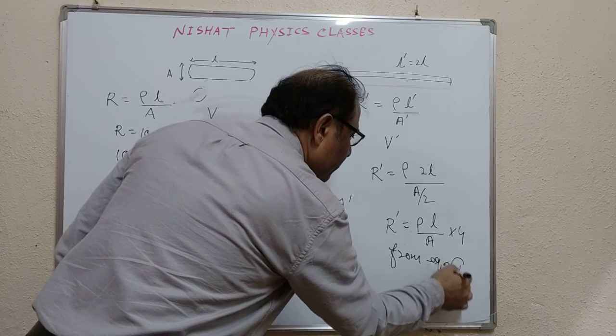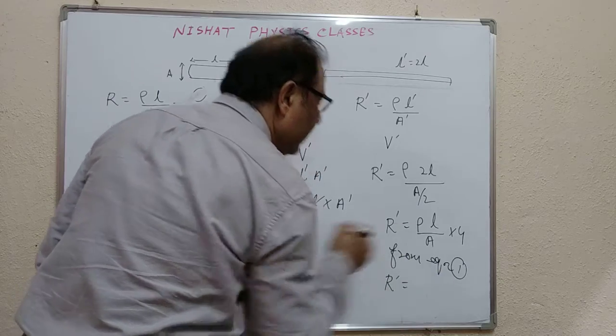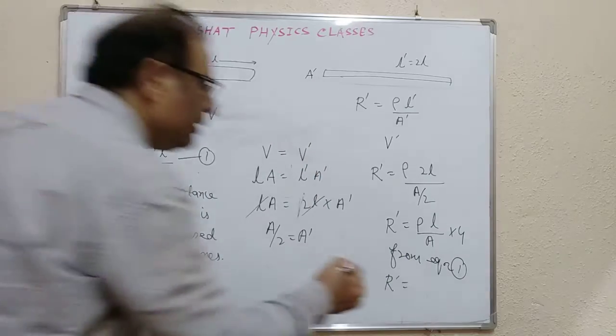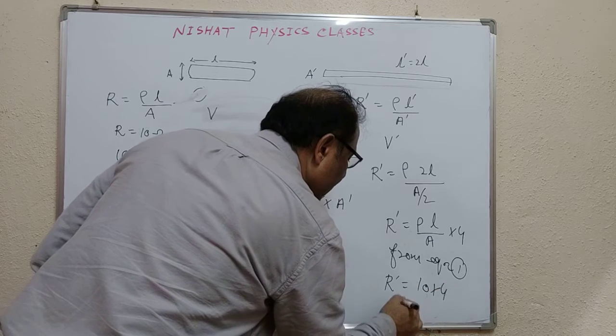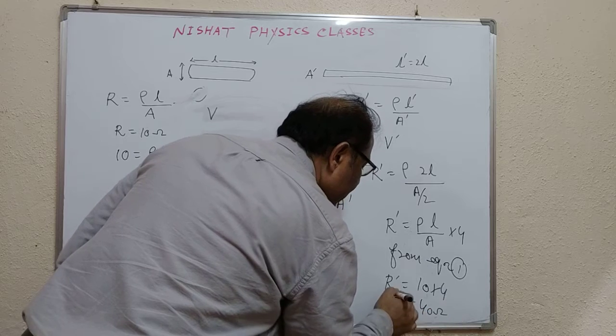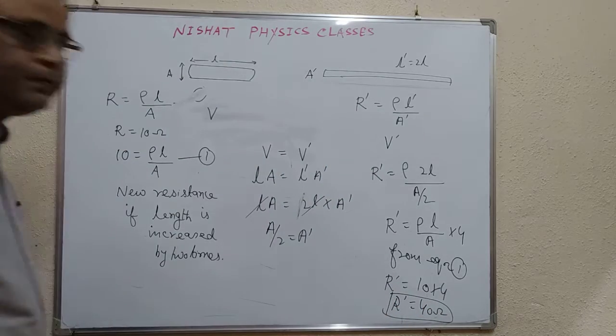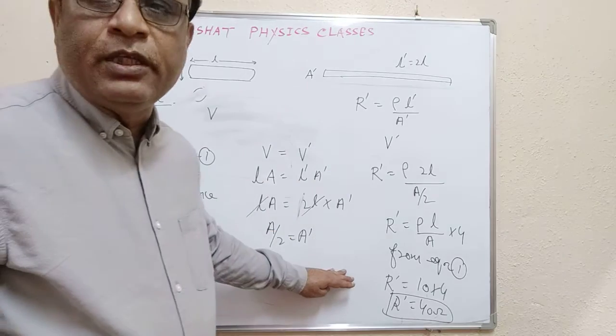From equation 1, R dash equals rho L upon A, which is 10, into 4. So R dash is equal to 40 ohm. Dear students, here 40 ohm.